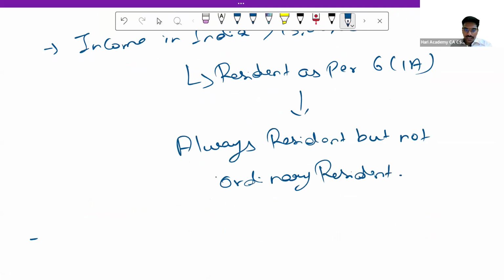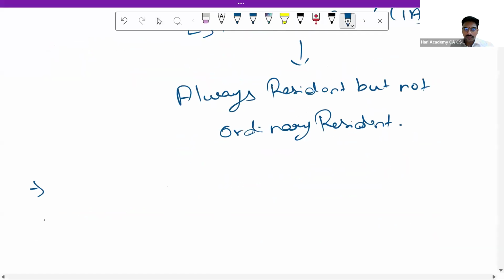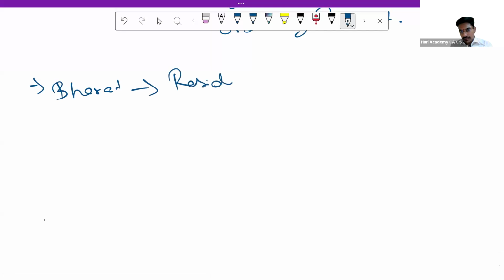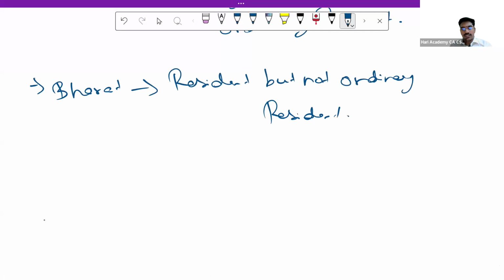Hence, in the present case, Mr. Bharat is a resident but not ordinary resident. Hope we are clear with this.